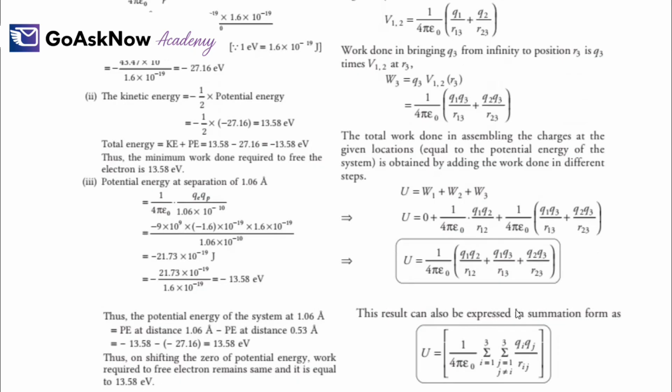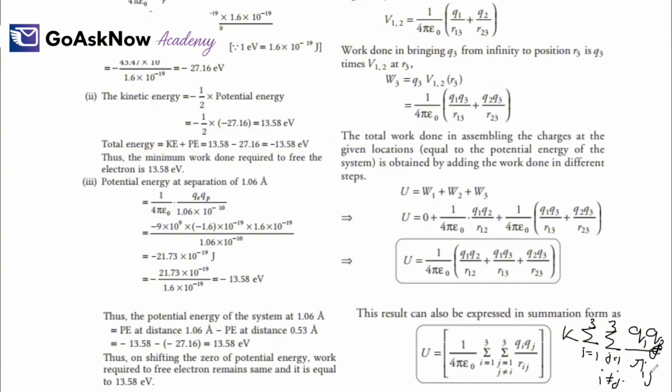The total potential energy of the system U is equal to a constant times the summation over i from 1 to 3 and j from 1 to 3, with i not equal to j, of Qi Qj upon Rij.